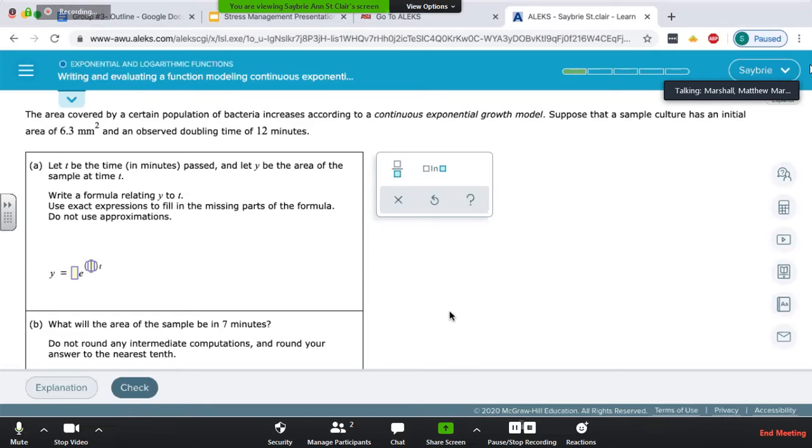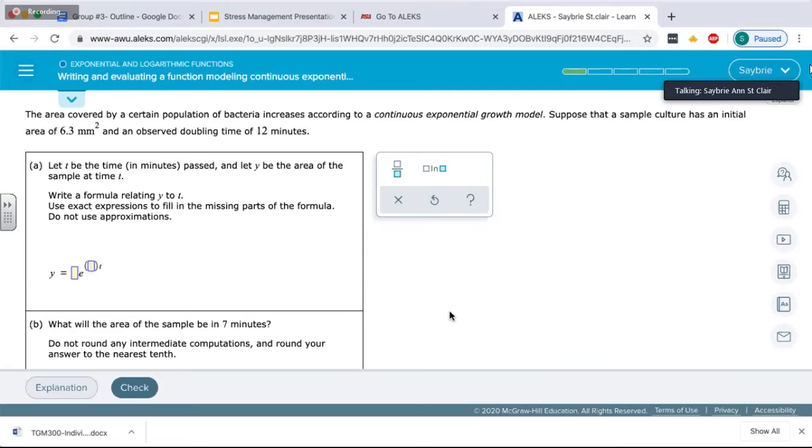I know that the time I'm going to use for that first equation is 12. And then that final one, I'm going to use 7. This is doubling, so it's not decaying. So I'm taking my y value is going to be 6.3 times 2, I believe.